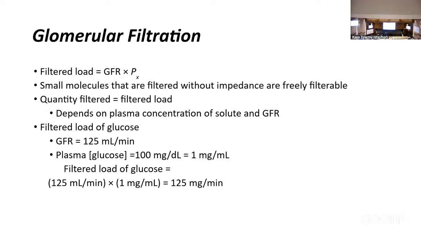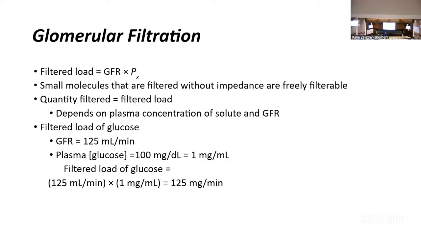So particularly, we'll be interested in things like glucose, which is a common one to test and to get checked. So anything that's small enough to filter through those fenestrae and then through our filtration slits is going to end up in the nephron. And it's going to end up in the nephron in basically the same amount that you saw it in the plasma.